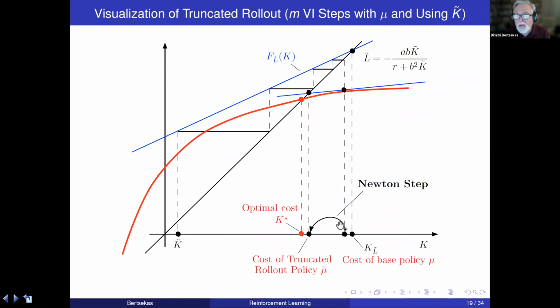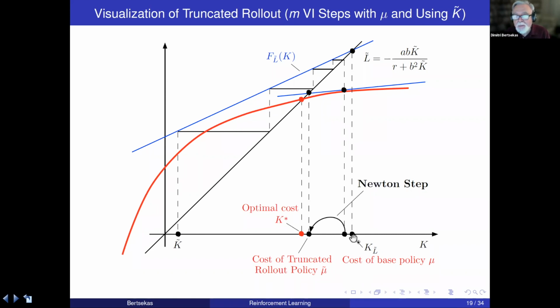It's a Newton step, and it takes us from here to here. If we were to use untruncated rollout, we would start from K_mu and then do a Newton step.